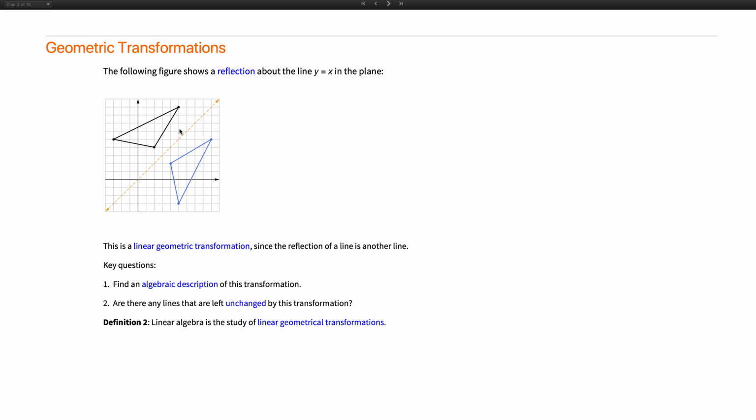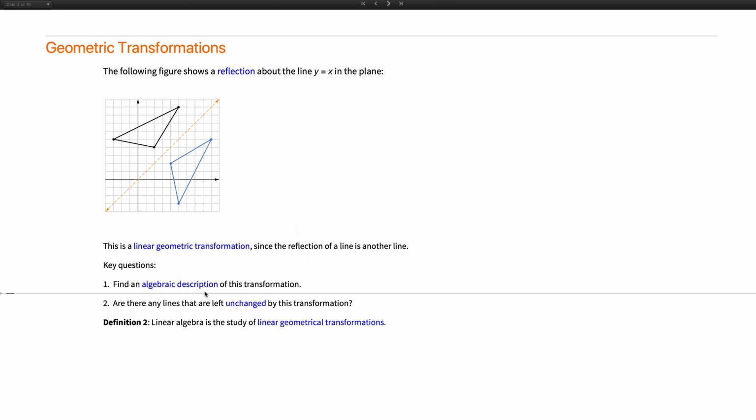For example, here in this figure, you have a reflection about the line y equal to x in the plane. And this, of course, is a linear transformation because the image of a line is again a line. Given such a transformation, you could ask, find an algebraic description of this transformation.